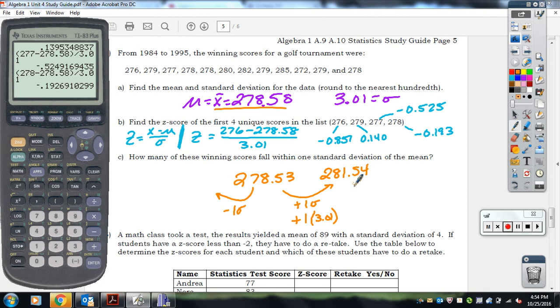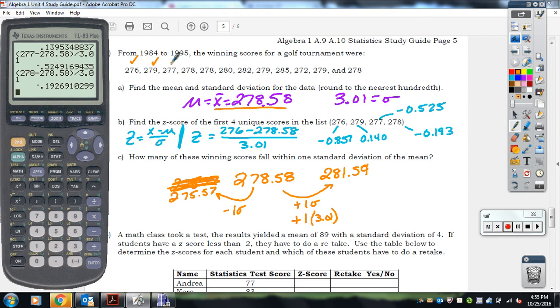And if I subtract 3.01 from 278.58, that's why I want to make sure this is right, it's 275.57. So we want to know how many fall within 275 and 281.